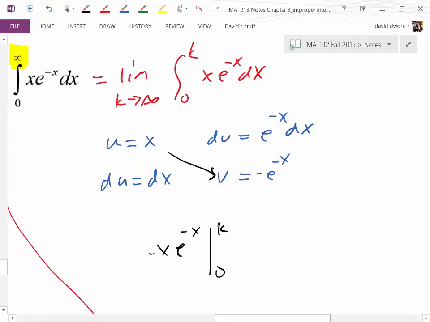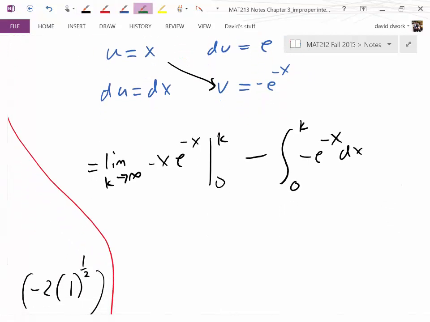So because there's going to be k's in here, we need to include the limit as k approaches infinity, minus the integral, now for the bottom part, right? So this is going to be negative e to the negative x dx, evaluated from 0 to k. And notice, because we didn't use substitution, we still have x's in our problem, so I don't have to worry about my bounds. They didn't change.